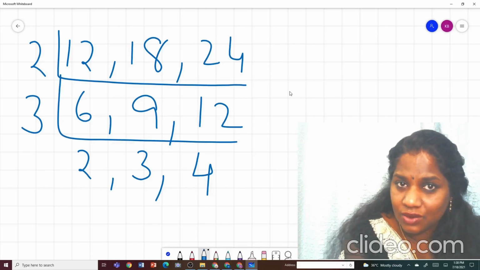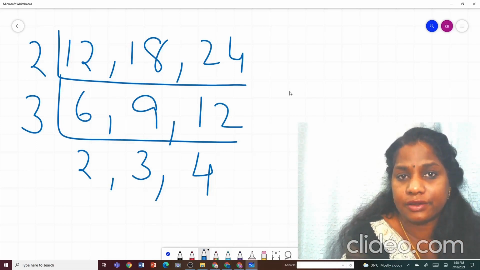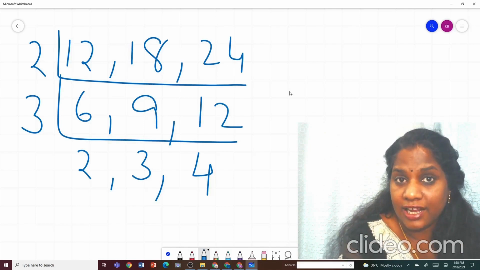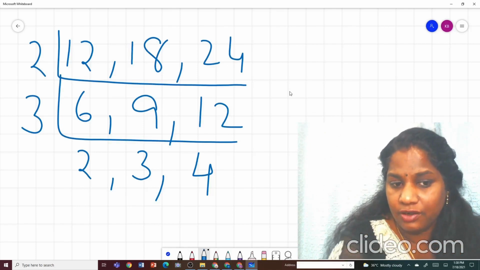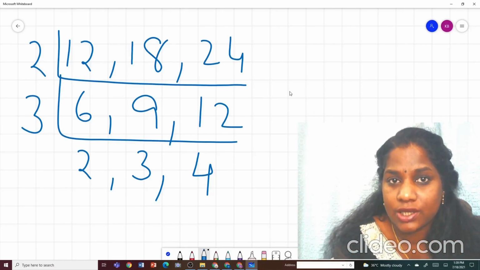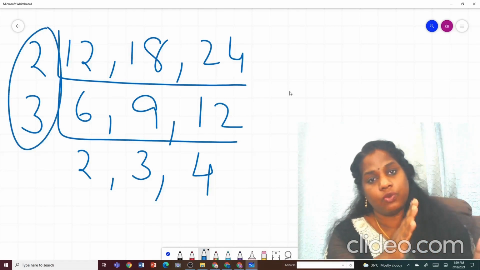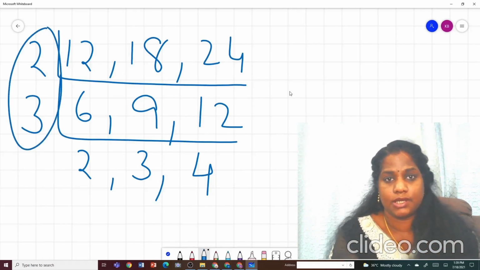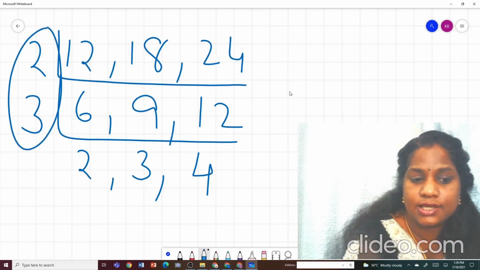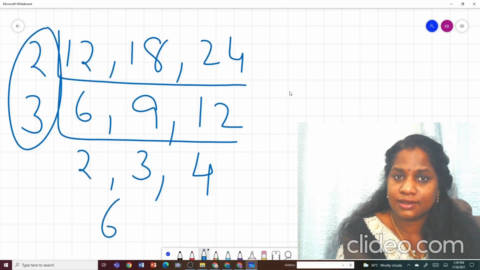No, right? So we just stop here. We are not going to do it further like in LCM, where we used to continue. Here we put a full stop at this step. So how will we find our HCF? 2 into 3, the ones which were common for the three numbers. 2 into 3, 6. That's it. Clear?